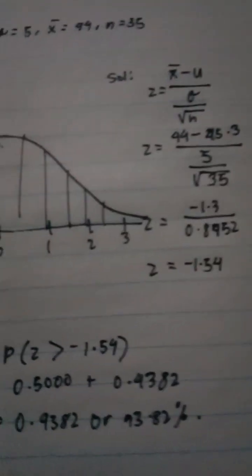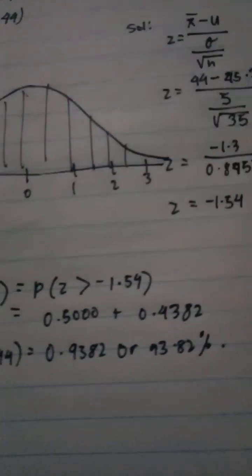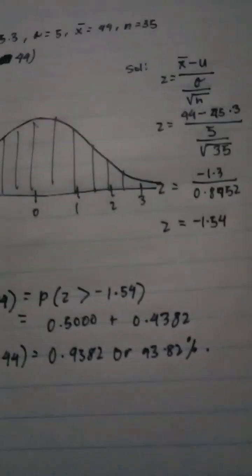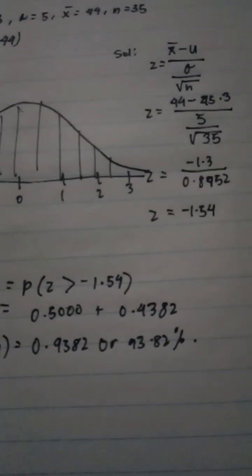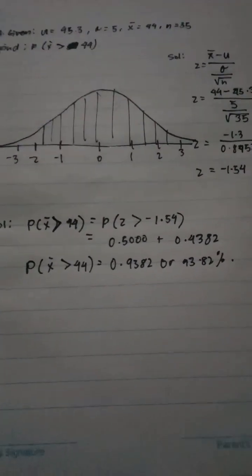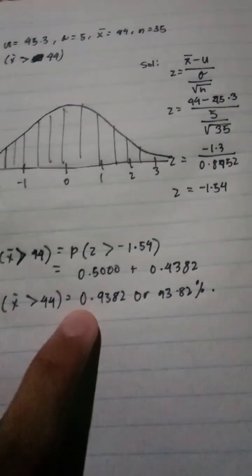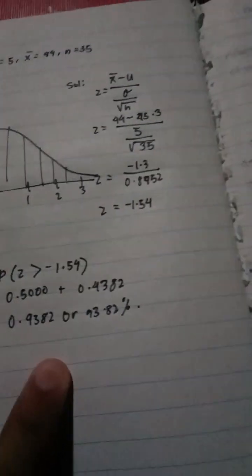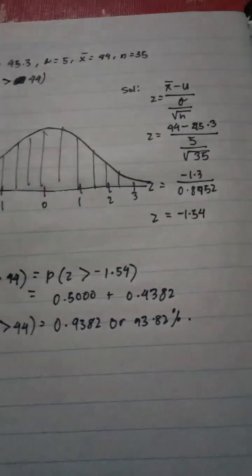So 0.5 plus 0.4382 is the probability of x being greater than 44, and the result is 0.9382, or 93.82%. And that's all.